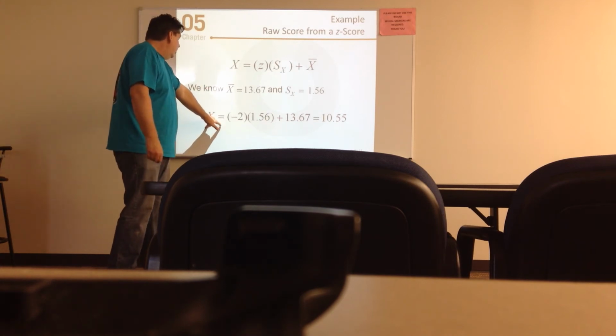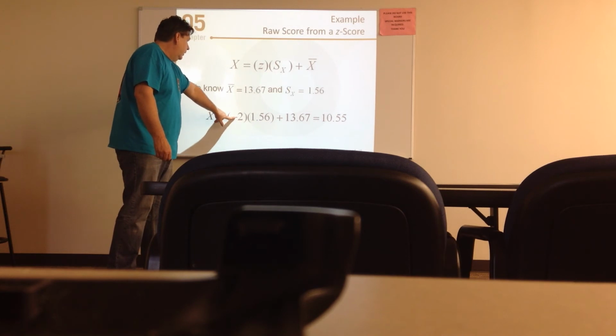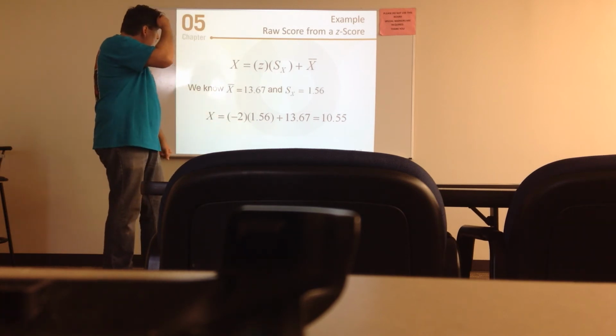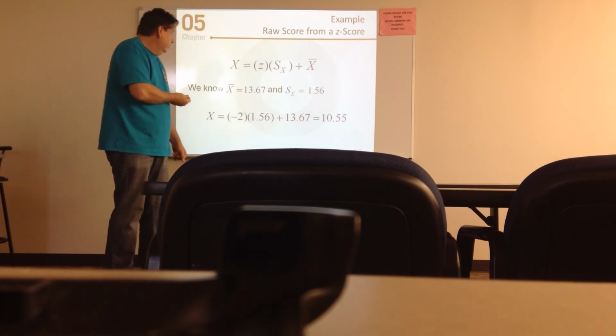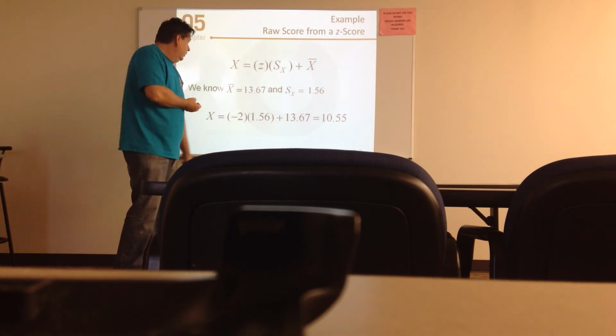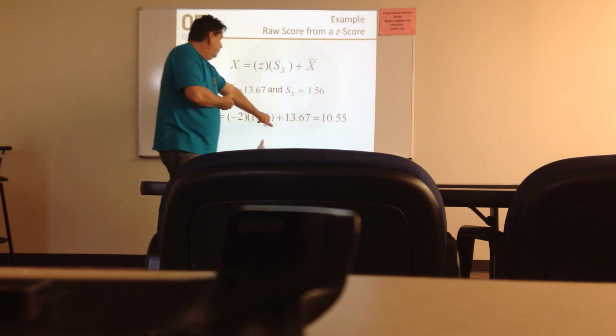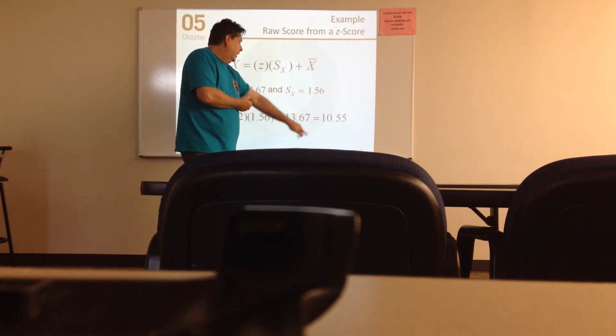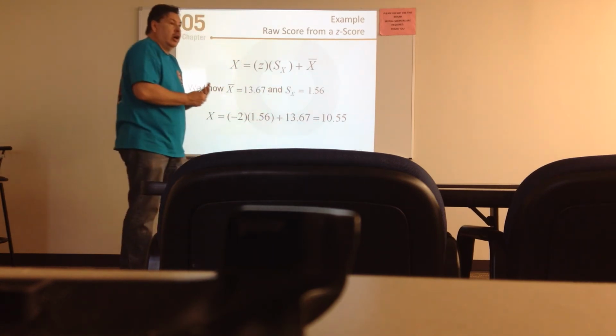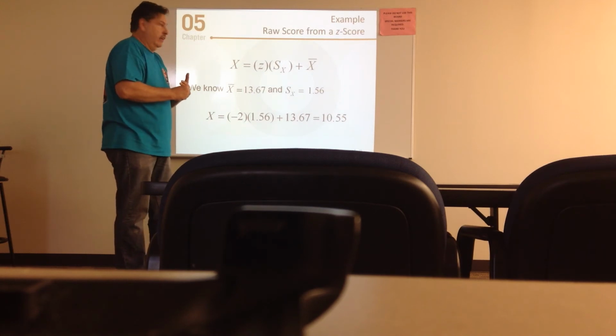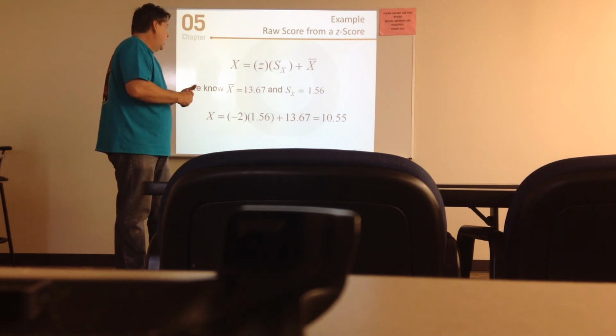So in order to do this, I would look at a -2, and that's a z-score, times 1.56 plus my 13.67 is going to give me a raw score of 10.55. So that's kind of how I would do that one.